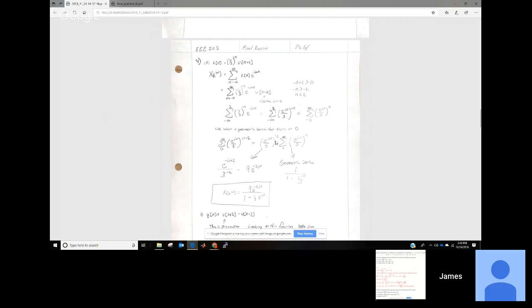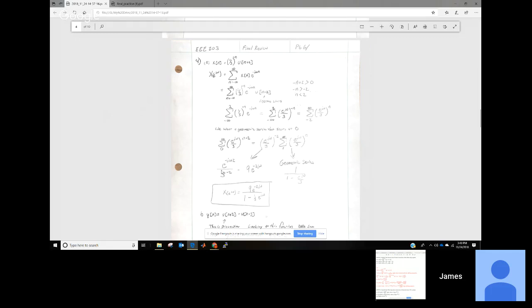Using the property of exponents, we can make this equal to e to the jw over 3, to the minus 2, as just a number. We're no longer dependent on n in this term, and we have this term still factored in.